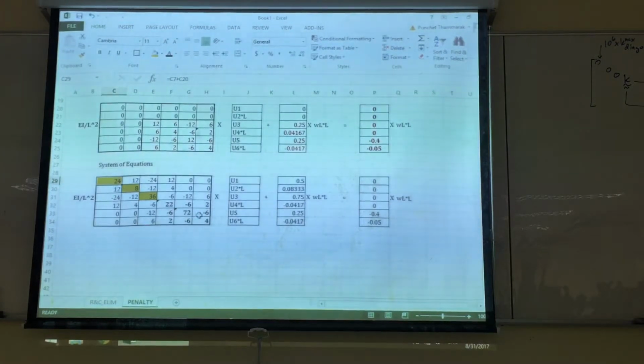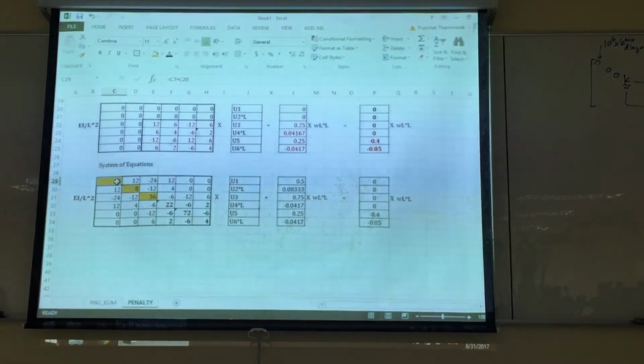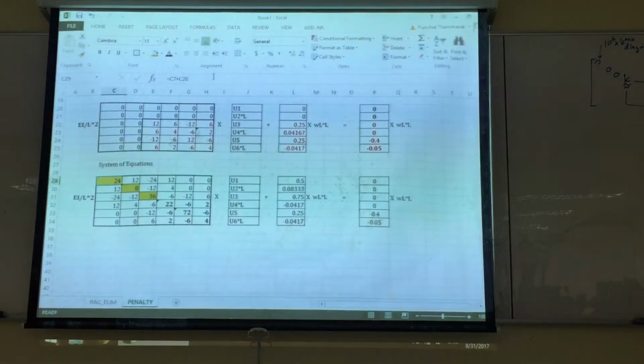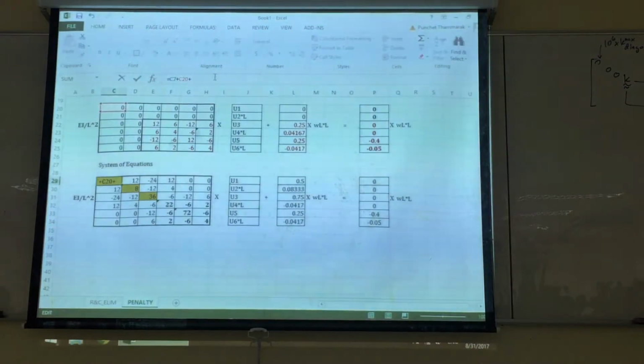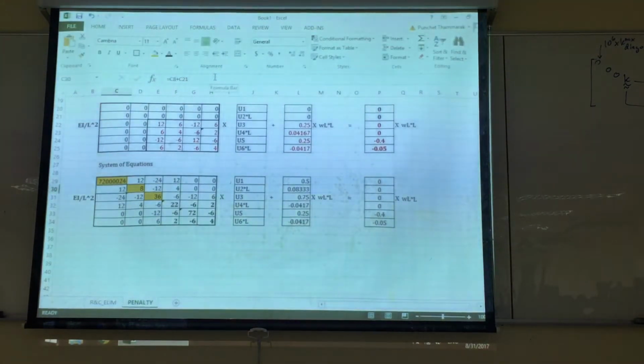The maximum one on the diagonal is 72, so let's add up with 72, 1, 2, 3, 4, 5, 6. Okay. Yeah, you just simply add this spring in there.